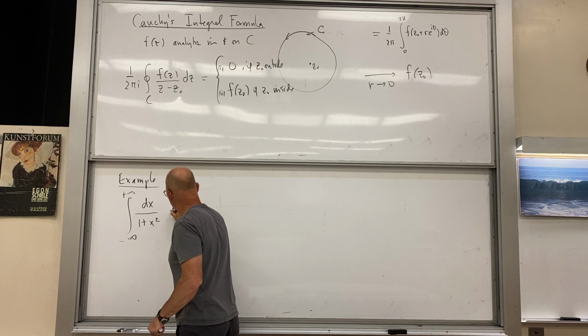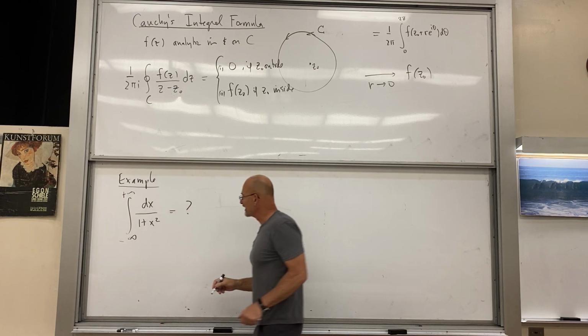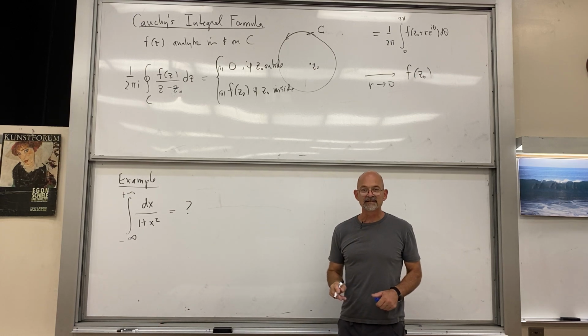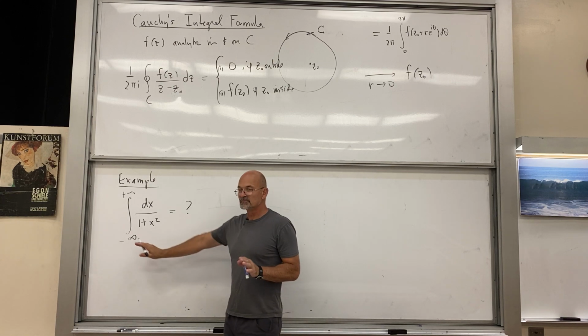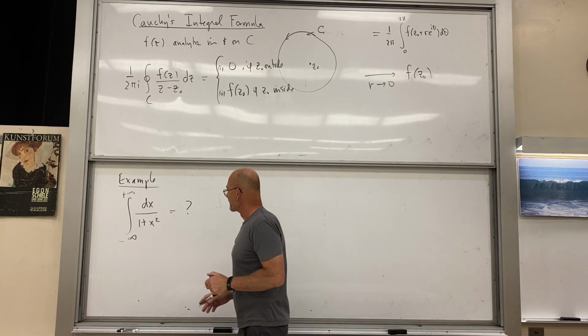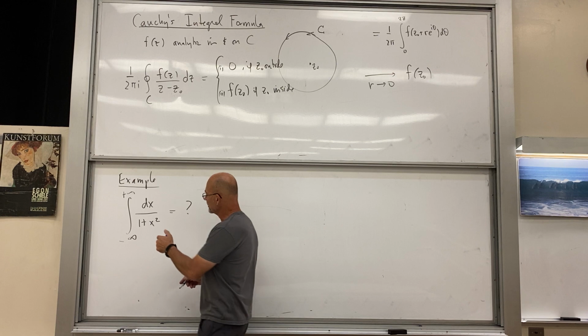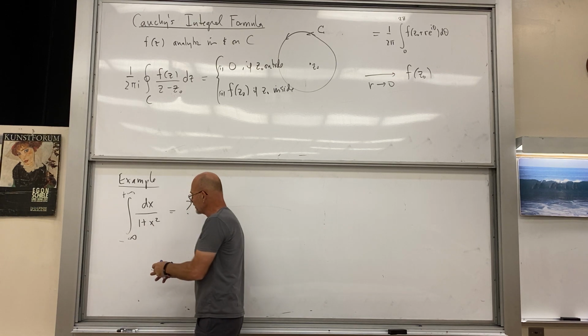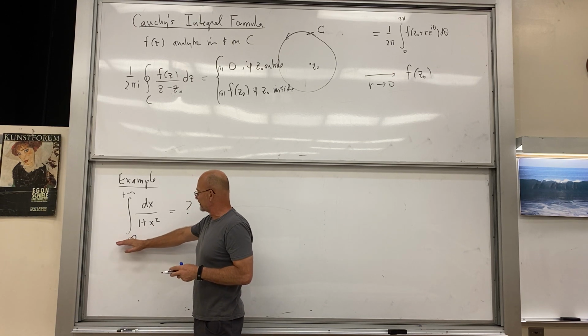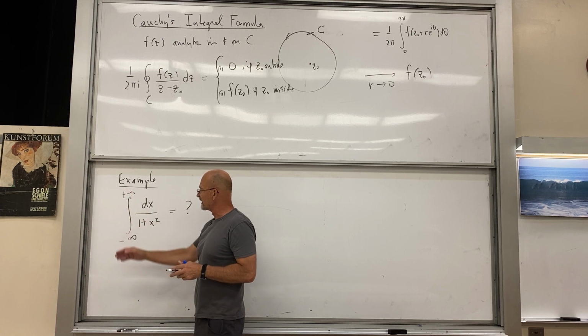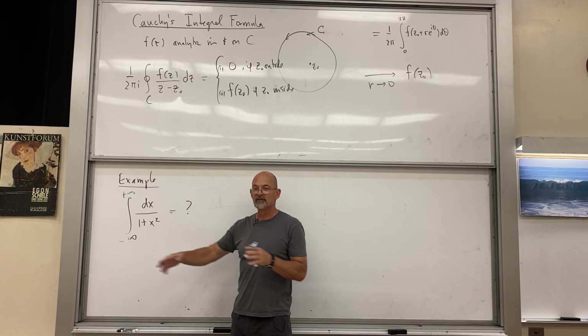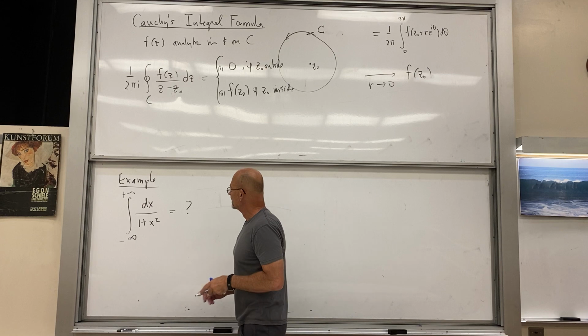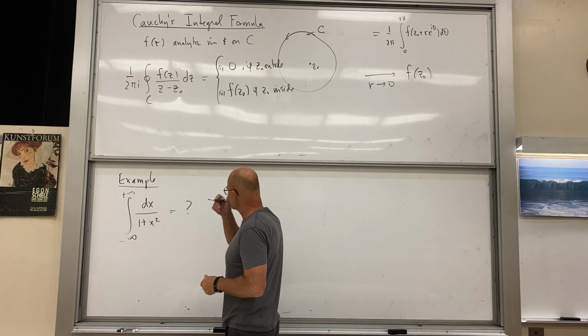So this is just an integration along the real axis, real numbers, okay? The kind where we learned that formally we would integrate it from minus r to plus r and then take the limit as r goes to infinity, okay? So we've seen this kind of thing before.